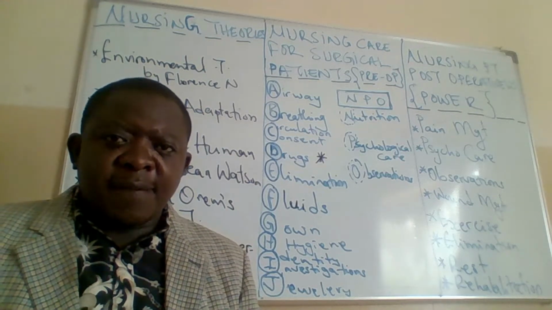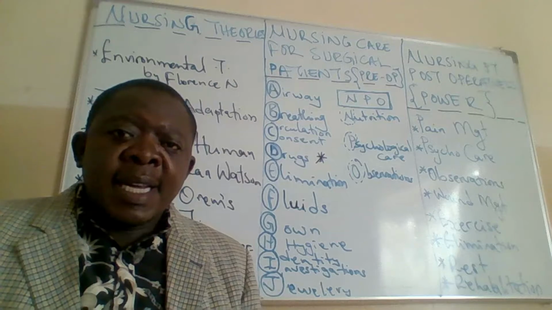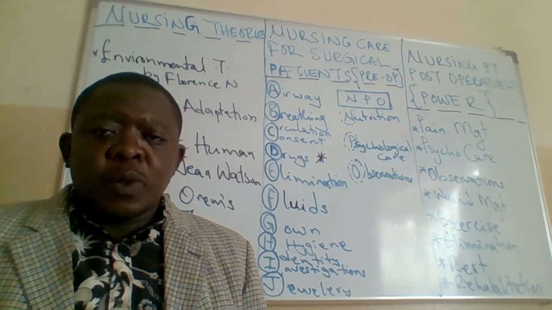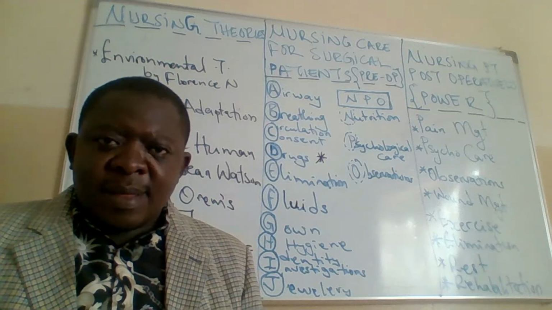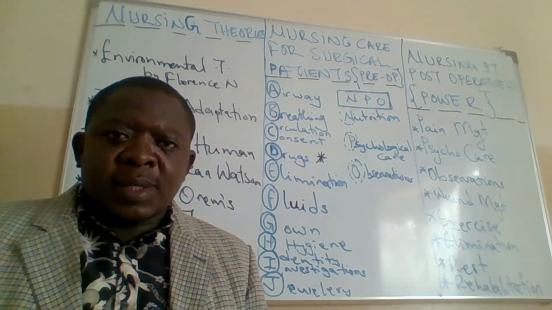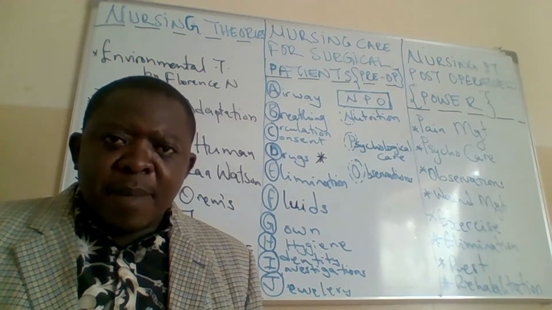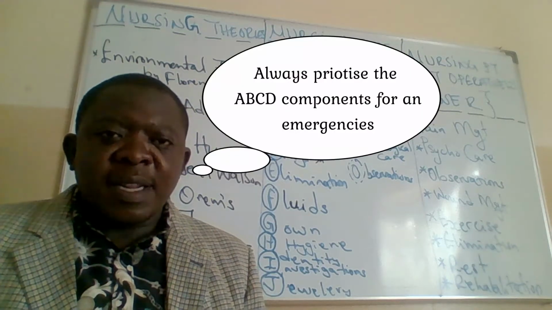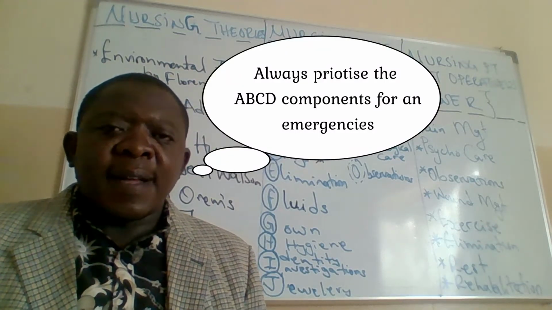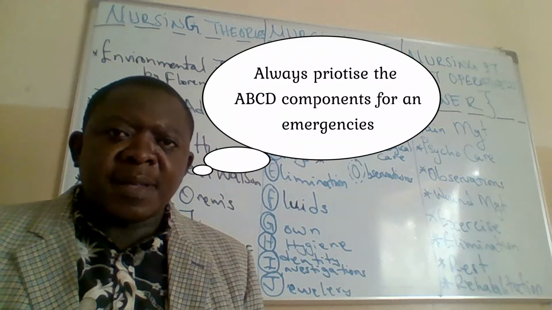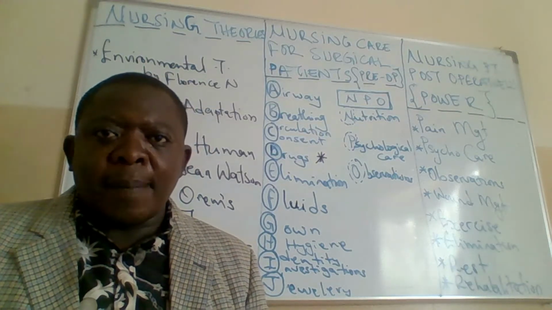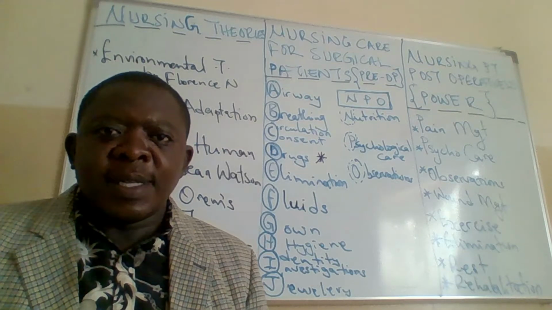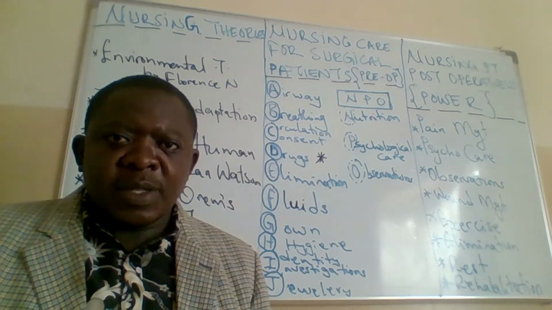So now if you see, I have A, B, C, D, and on D, I've put an asterisk there, because the A, B, C, D, those are required in an emergency. For each emergency that you're writing, you need to talk about airway, securing airway. You need to talk about breathing observation, to see that the breathing is okay.